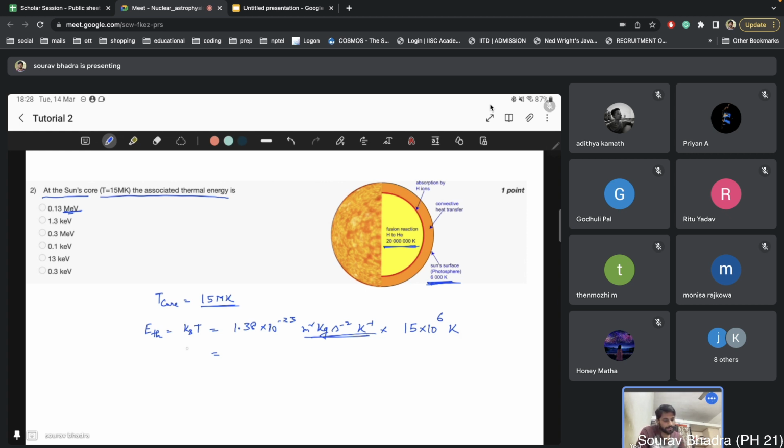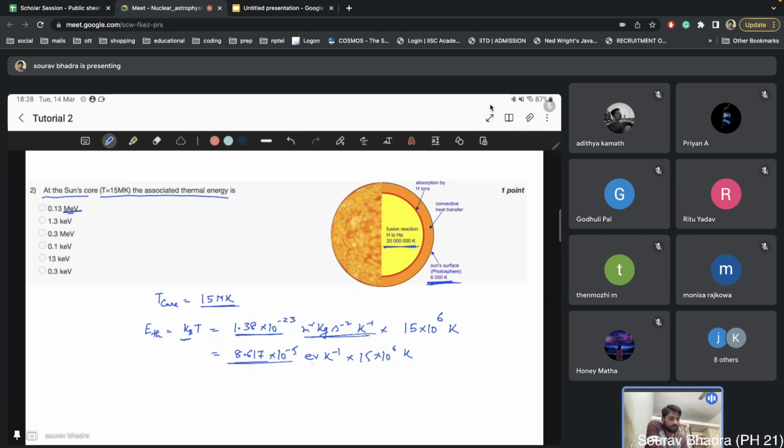So I will write this Boltzmann constant in electron volt unit, and you can convert it yourself: it will come 8.617 times 10 to the power minus 5 electron volt per Kelvin, times 15 times 10 to the power 6 K. This value differs from the earlier one just because I am using a different system of measuring.